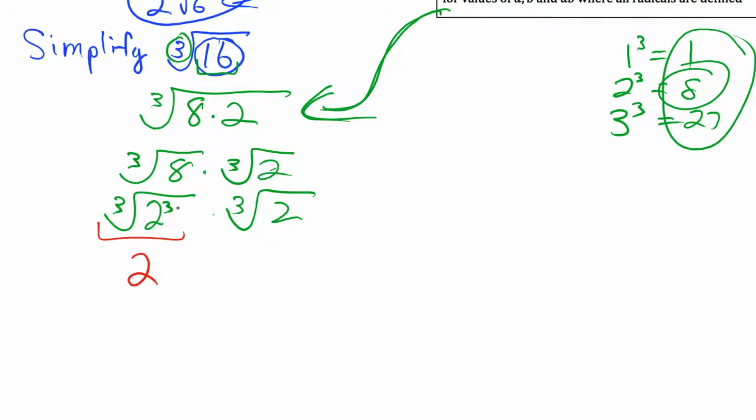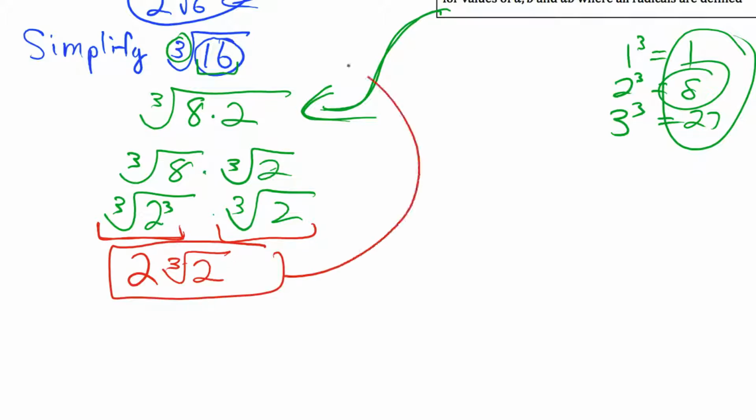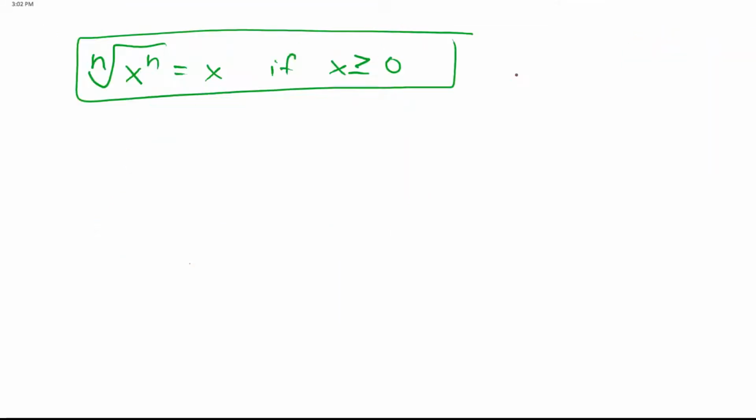The cube root and cube knock each other out. They're inverse operations. So this section becomes 2, and this section stays as it is, the cube root of 2. So 2 times the cube root of 2 is equivalent to the cube root of 16. So there you have some examples of applying this important principle in reducing radicals.